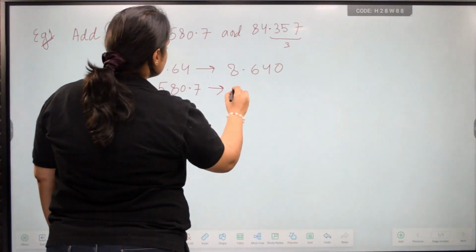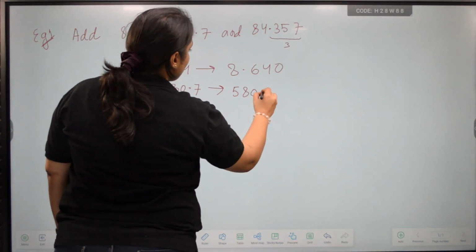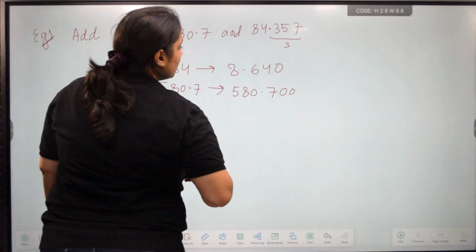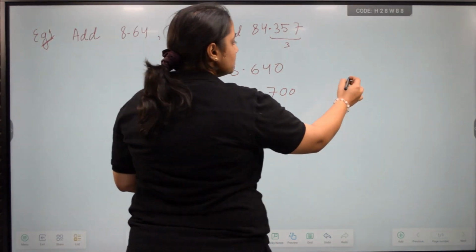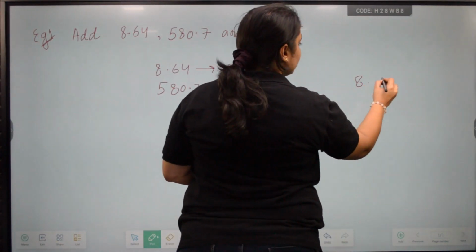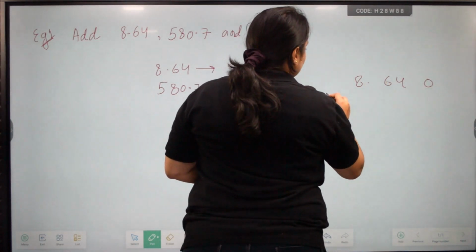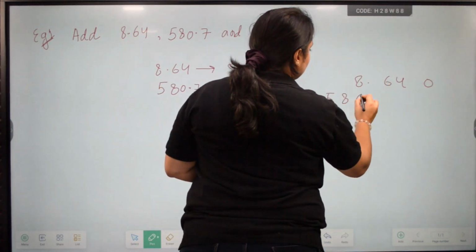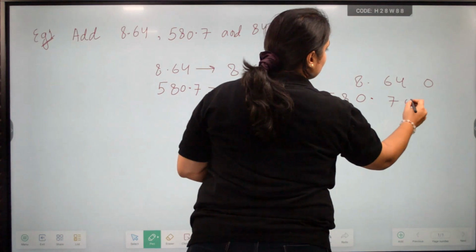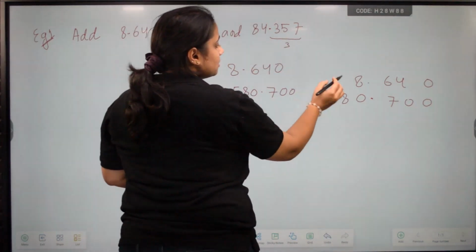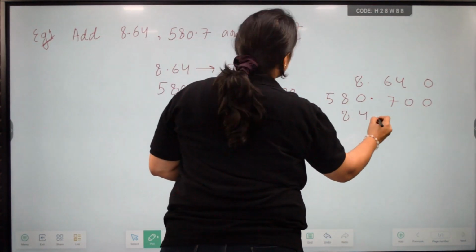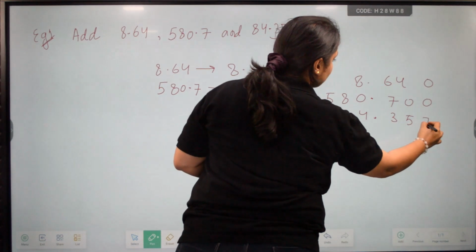And 580.7 can be written as 580.700. Now write down these numbers here, 8.640 and 580.700. The last number is 84.357.